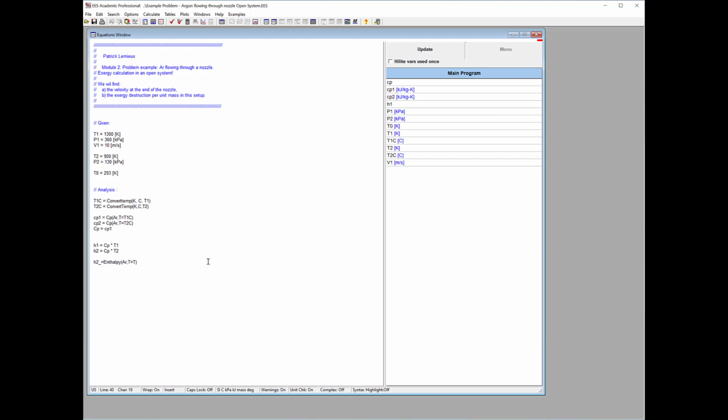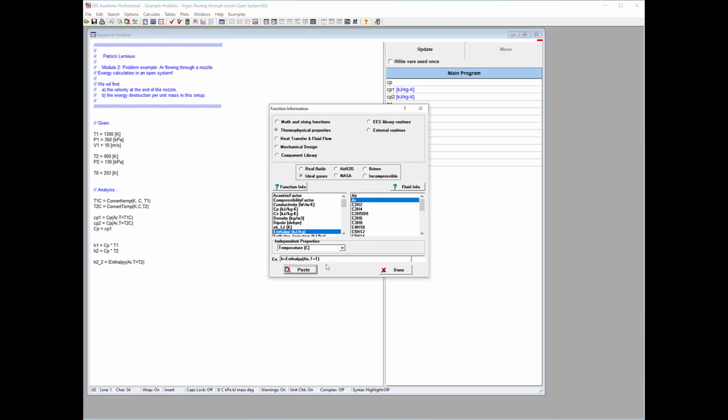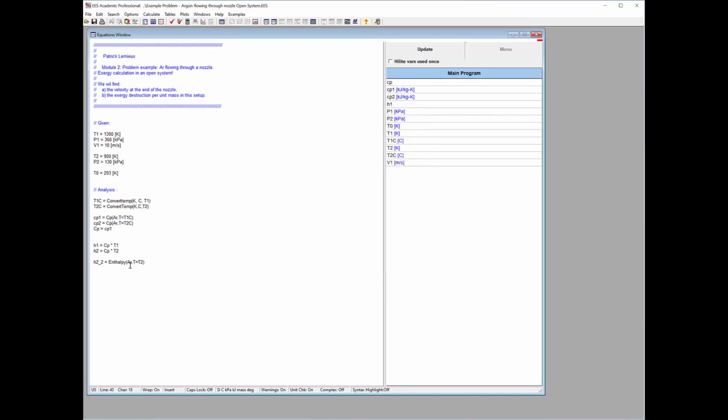Let's see, H2 and T2. Oh, but wait, this guy, what did it want? It wanted Celsius. So let's make sure we pass it the right variable here.